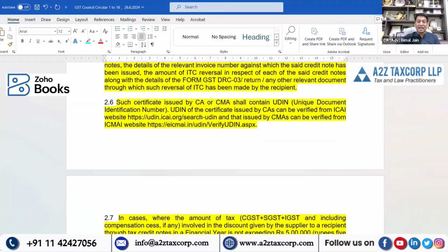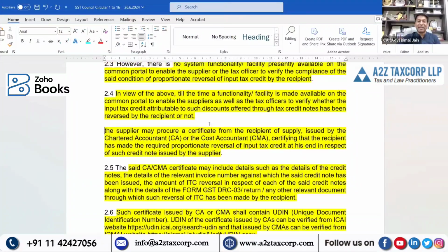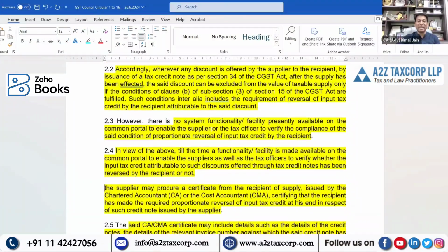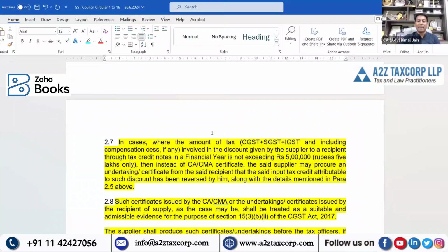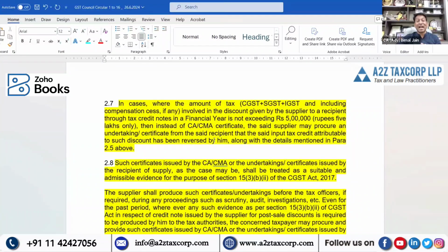Now, this CA and CMA certificate, when is it applicable? You'd be thinking about when this is going to be applicable. So they are creating some clarity. Para 2.7, what clarity is being given? In case the amount of tax, CGST, SGST, IGST, including cess, involved in the discount given by the supplier to a recipient through a credit note in a financial year is not exceeding 5 lakh rupees.